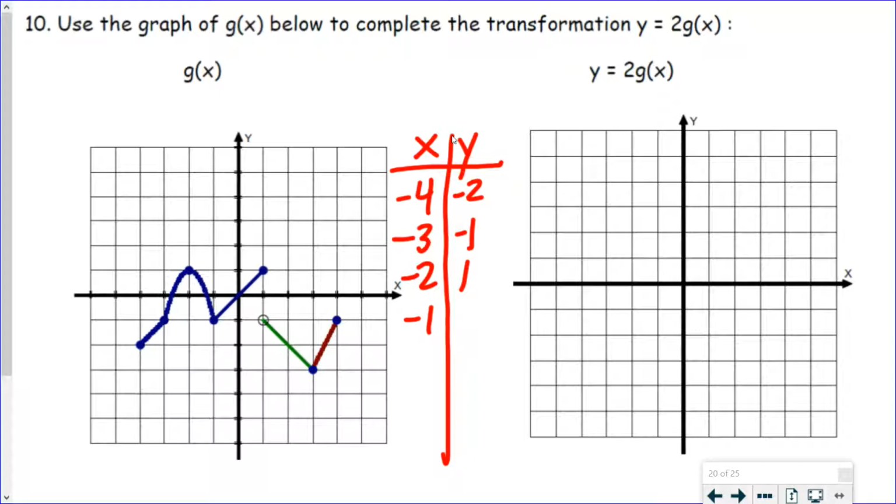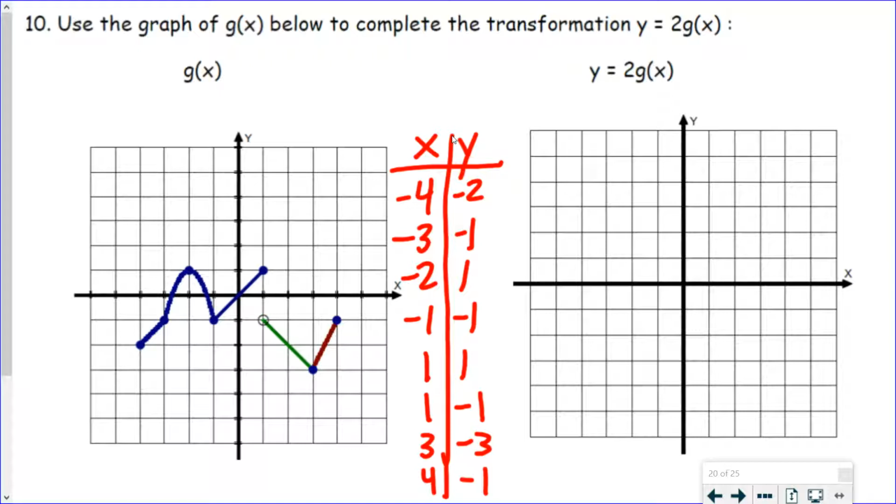Negative 1, negative 1. 1, 1. That's a closed circle. We also have one at 1, negative 1. That's an open circle. And then 3, negative 3, and then 4, negative 1.